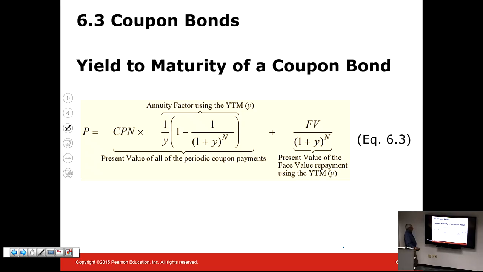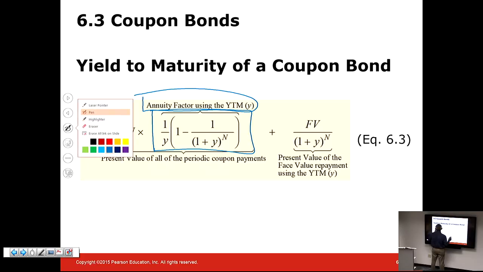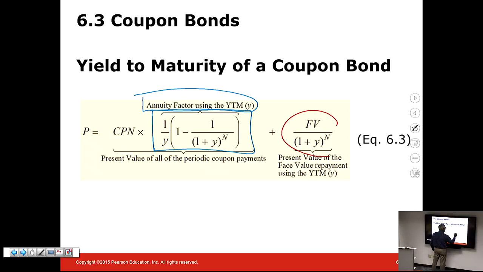The price of a bond essentially consists of 2 parts. The first part is an annuity, the present value of an annuity. And the second part is the present value of a one-time cash flow of FV. We can use the formula approach. This is our coupon.